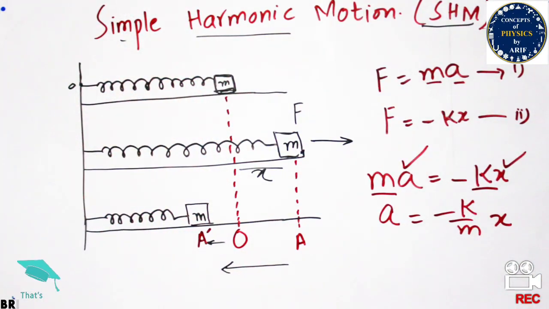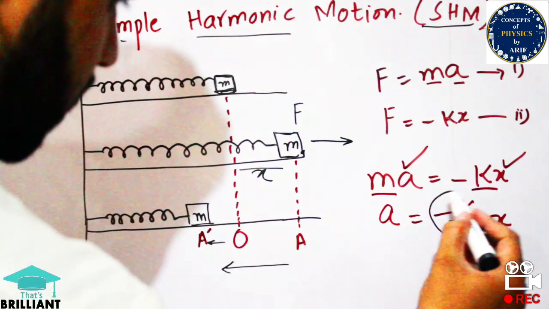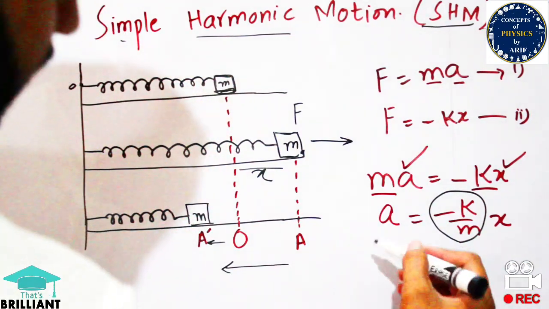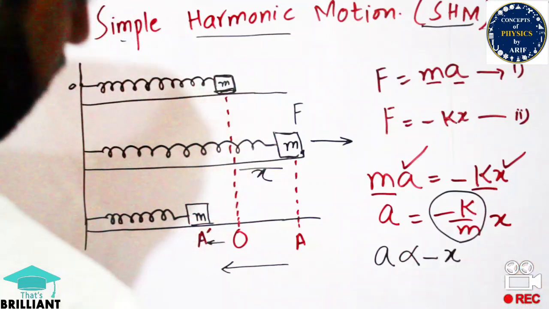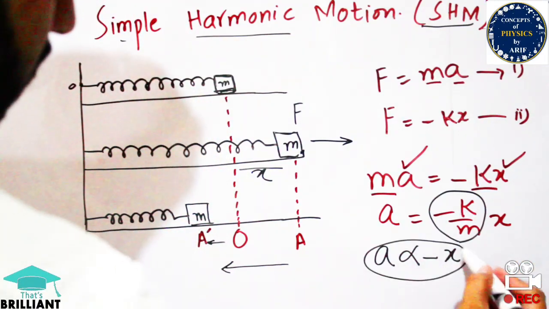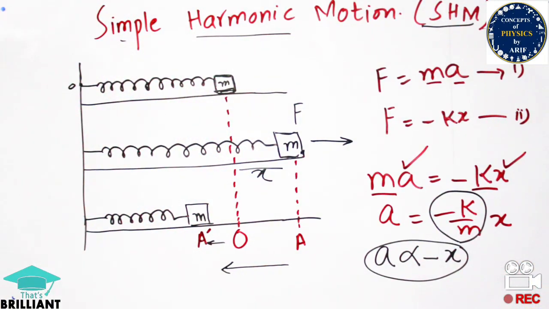At this point we can say that acceleration is directly proportional to displacement with a negative sign, because k over m is a constant value and mass cannot change. So a is directly proportional to minus x.